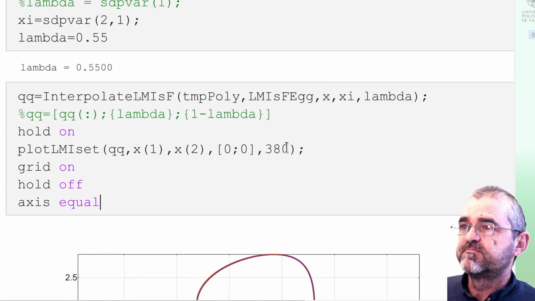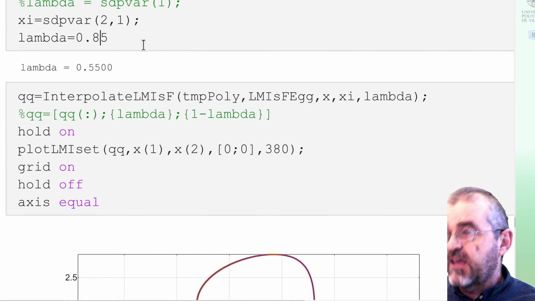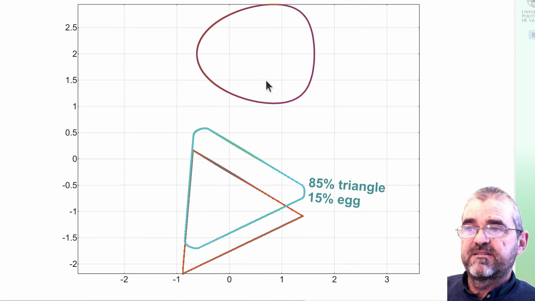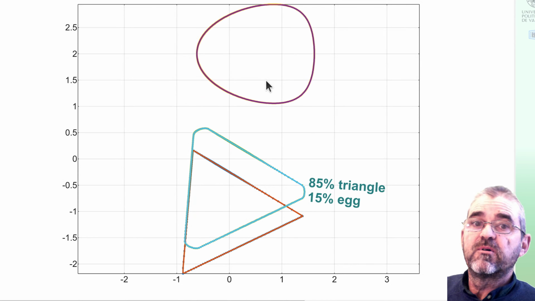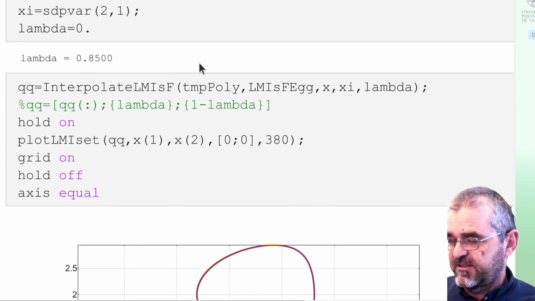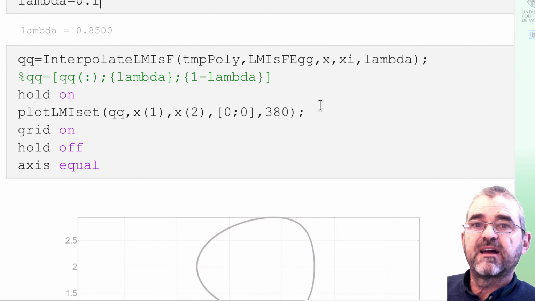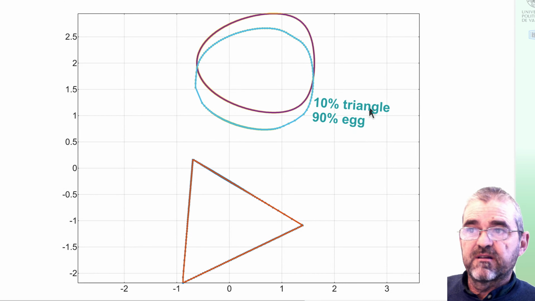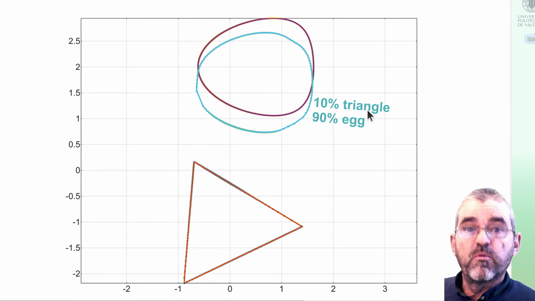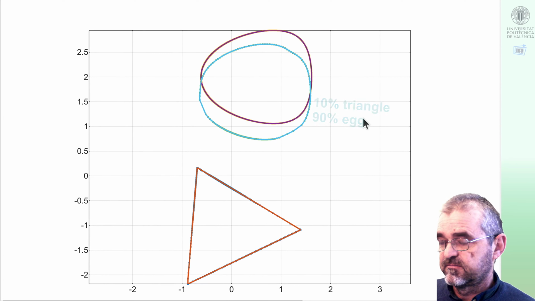If I now go to 85% triangle, I get this new set, or if I go to 90% egg, 10% rectangle, I get that thing. So I get this kind of interpolation between sets, and in fact I generated several frames of a video of morphing from egg to triangle.